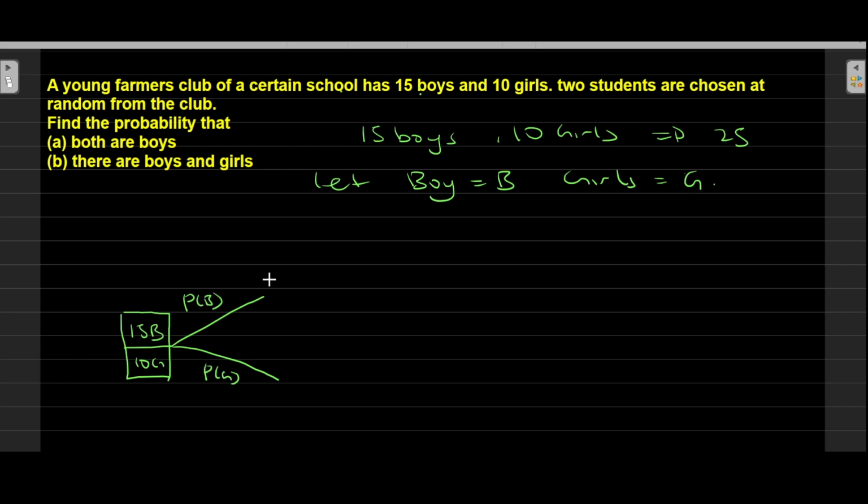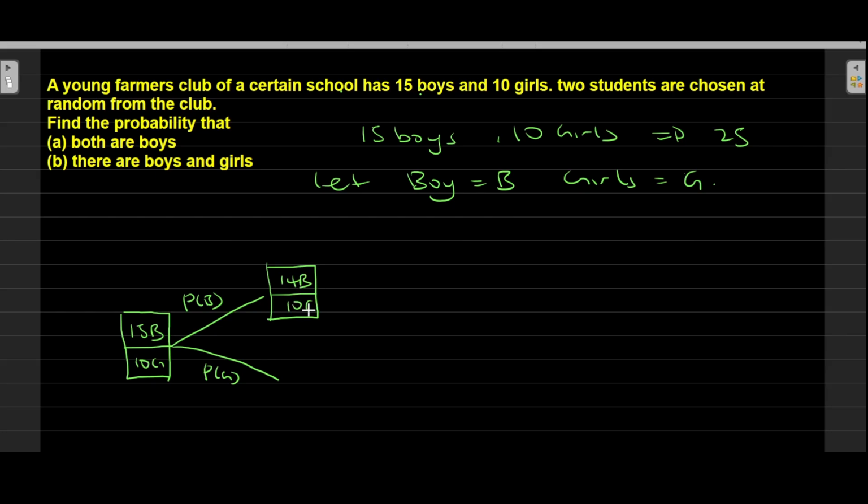If we select a boy from this class, that means the number of boys is going to reduce. Instead of 15, they're going to become 14, whereas the number of girls remain constant at 10.